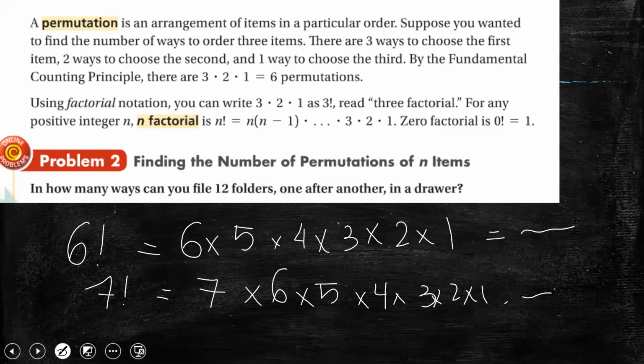This, we call factorial. Teacher, why does 0 factorial equal 1? This is a formula. Here you have to know that 0 factorial is 1.